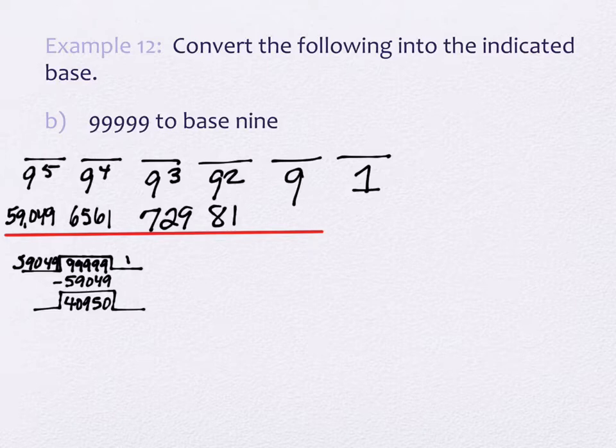And our next place value is 6,561. So how many times will 6,561 go into 40,950? 6 times. And 6 times 6,561 is 39,366.